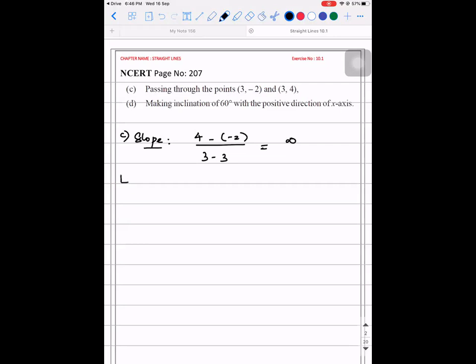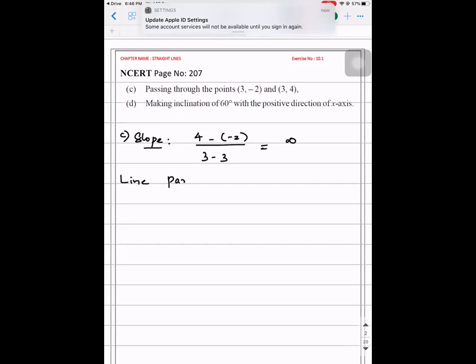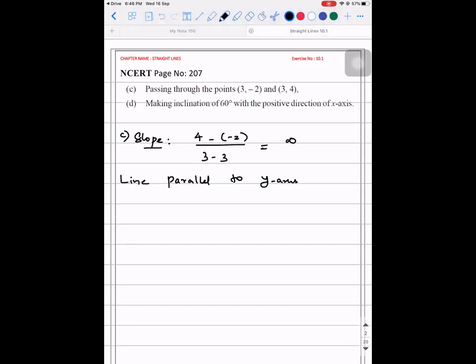Parallel to the y-axis. Why parallel to the y-axis? Why not the y-axis? Because the x-coordinates are non-zero values. You should not say x-coordinates are given. You should say x-coordinates are non-zero values. That is why it is parallel to the y-axis. Okay, sir. Last point.